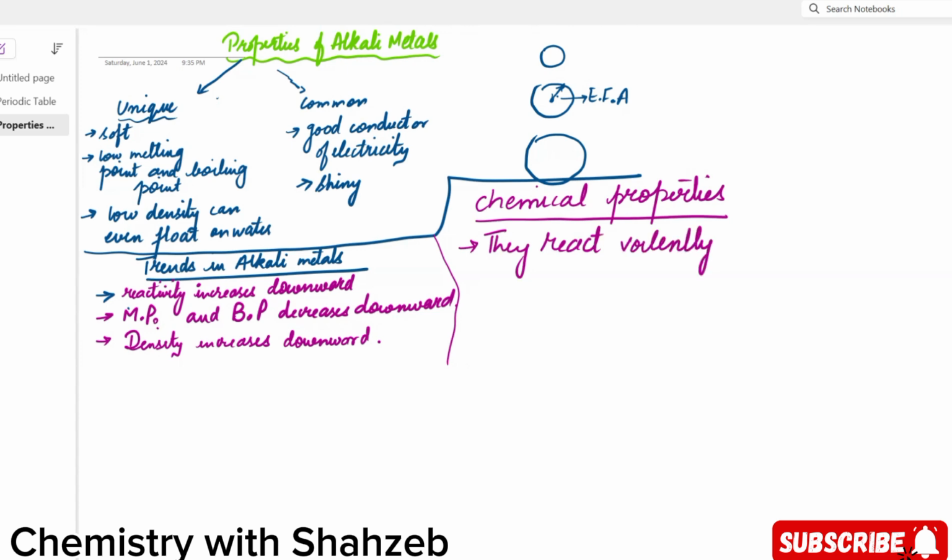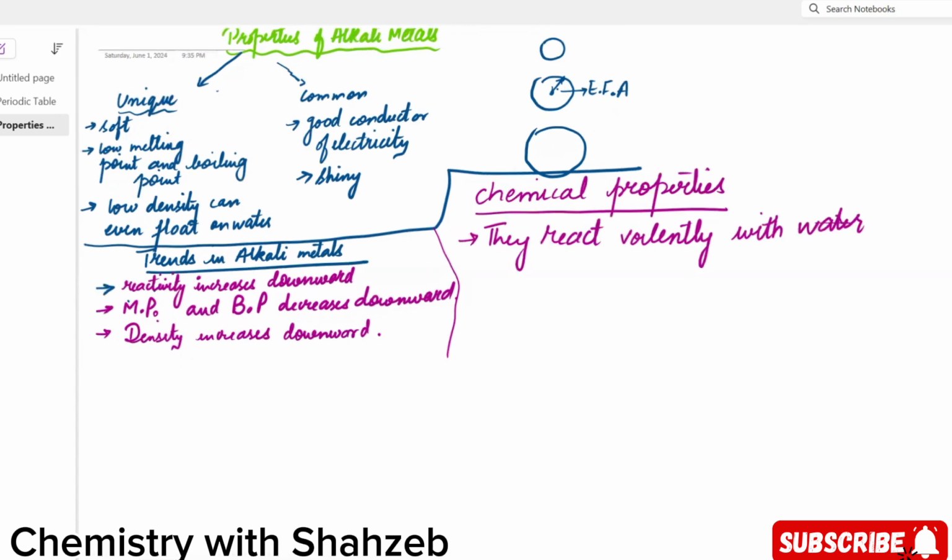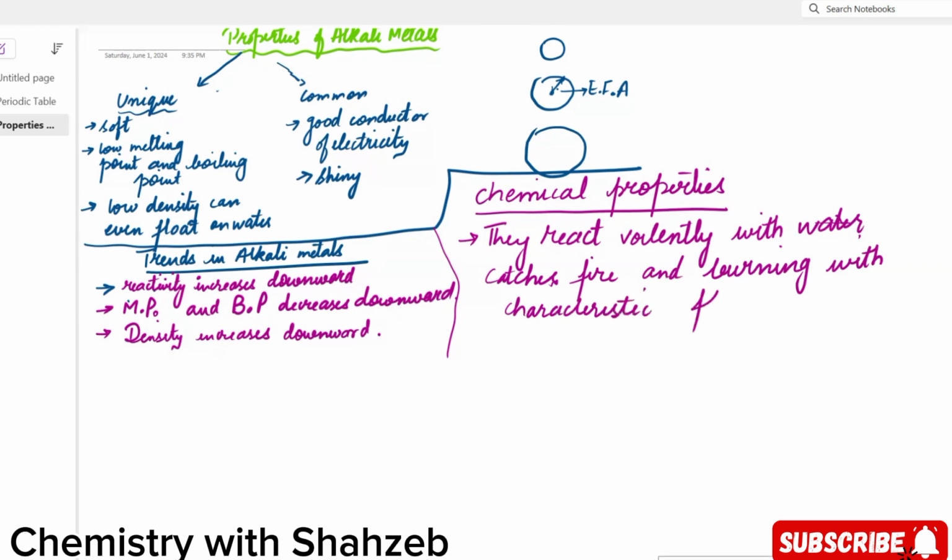They catch fire and burn with a characteristic flame, so they give a characteristic flame color.